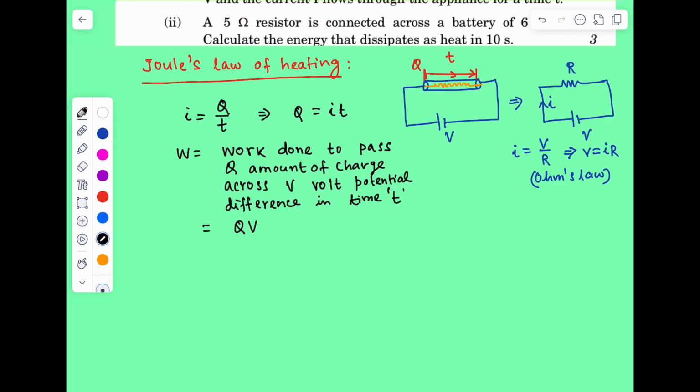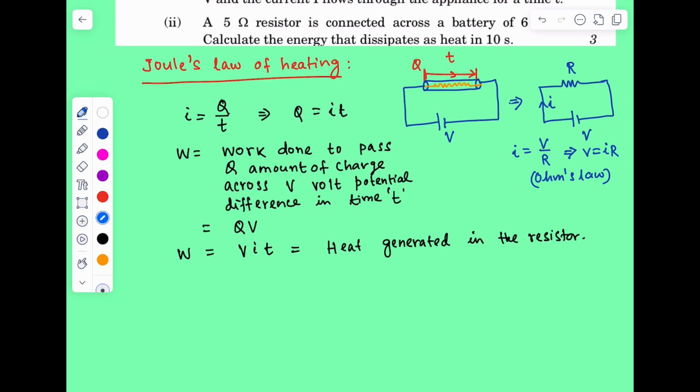Now, this time is important. We know that in t time this Q will be equal to I into t, so the work done is V into I into t. This is the work done to pass Q amount of charge in the resistor in time t, and this work done is nothing but the heat generated or dissipated in the resistor.